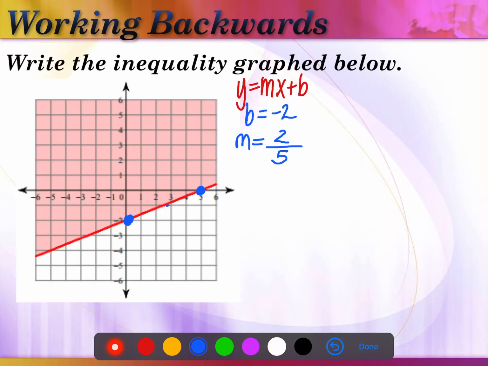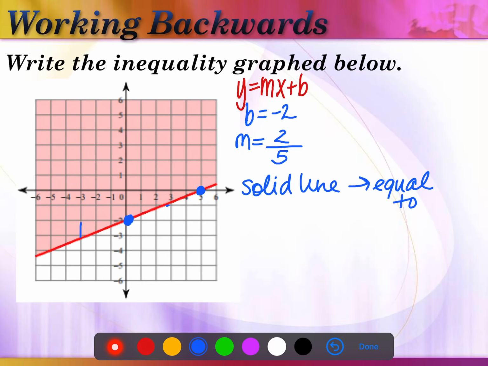Now I have a slope and a y-intercept. I'm going to determine the inequality symbol and whether it is equal to or not. I see that this is a solid line, and a solid line means that it's equal to.